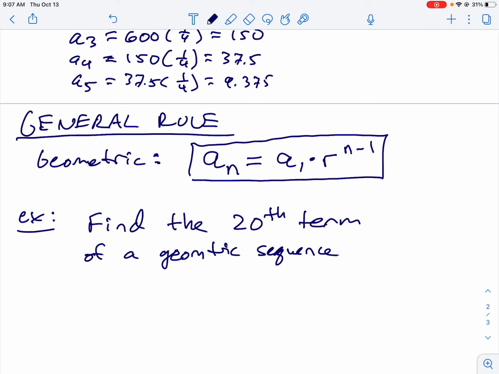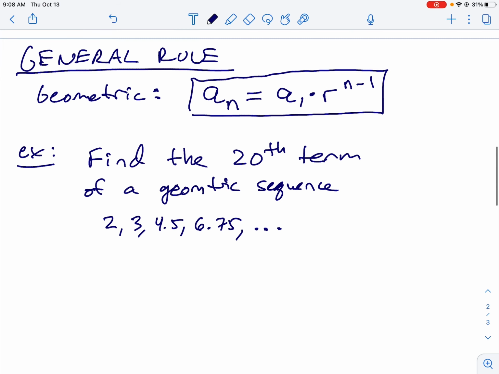Let's start with 2, 3, 4.5. So here's your geometric sequence.